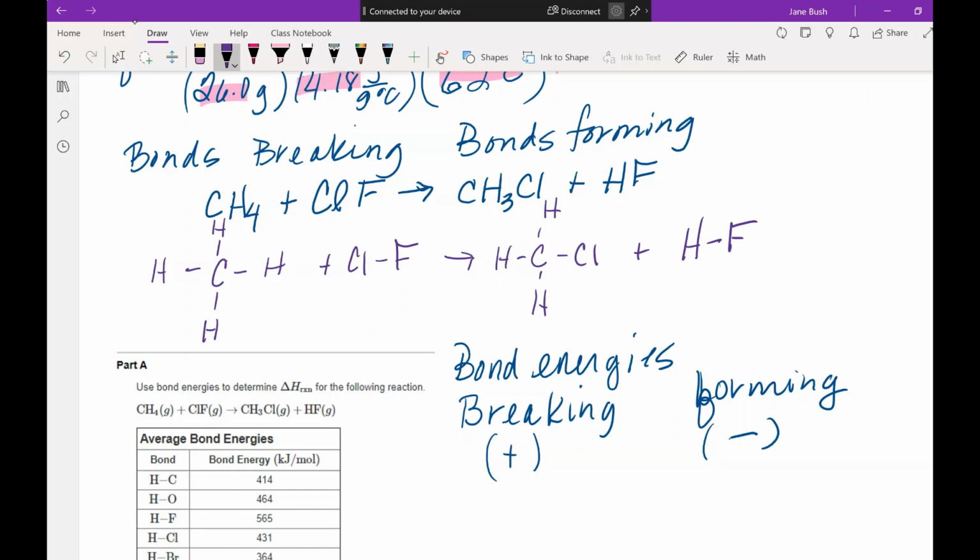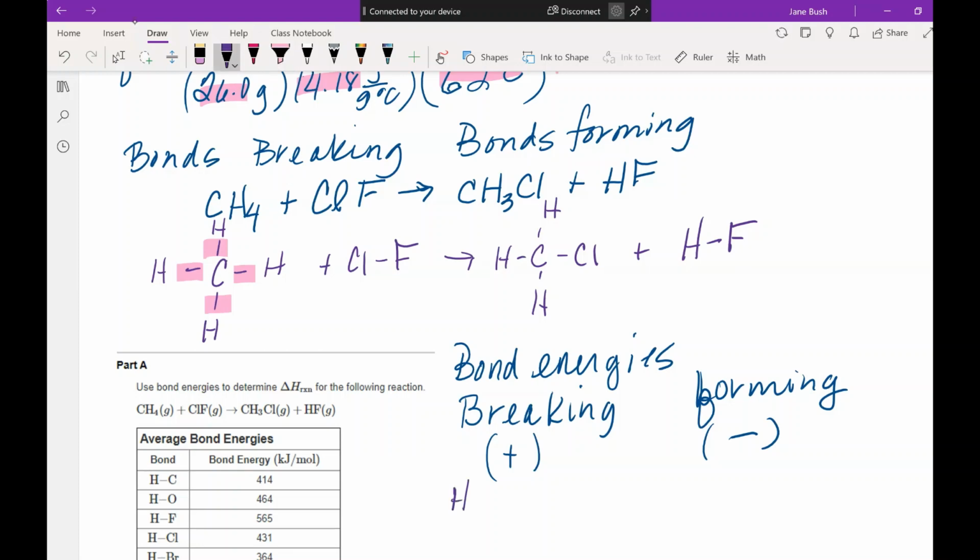Okay? So, what bonds do I have in the reactant side that are going to break? I have 1, 2, 3, 4 C-H bonds, exactly.